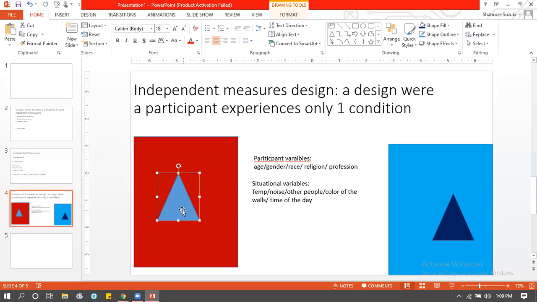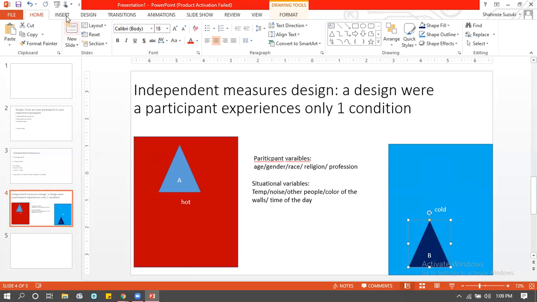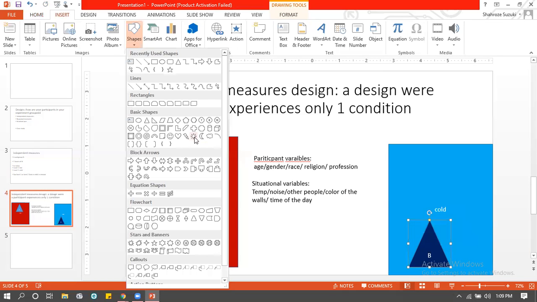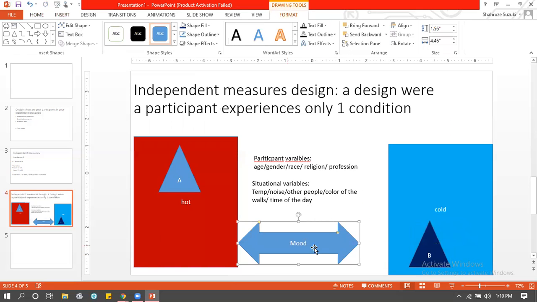Now, in this experiment of hot and cold temperature, we put two different people in two different situations. We want to know which one is best for mood. So when we put them in different conditions, at the end of the day we compare both of them, check the mood, and that gives you the answer of how hot temperature affects mood and how cold temperature affects mood.